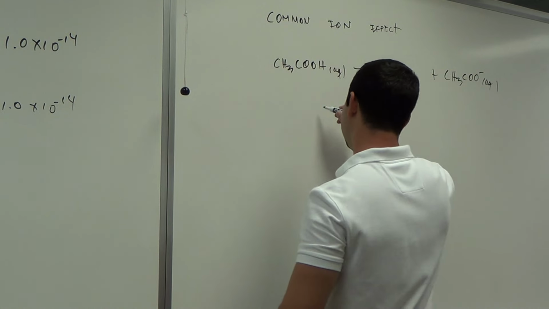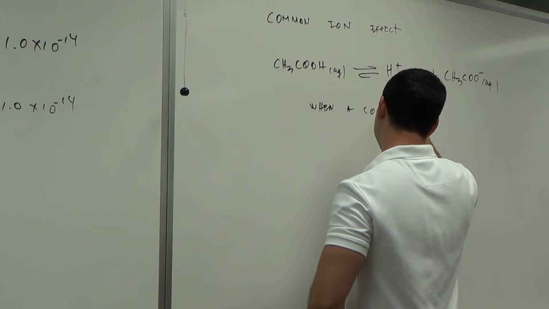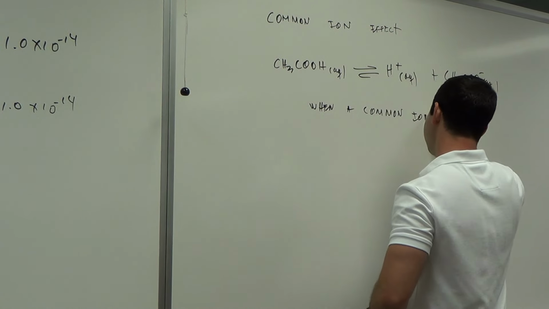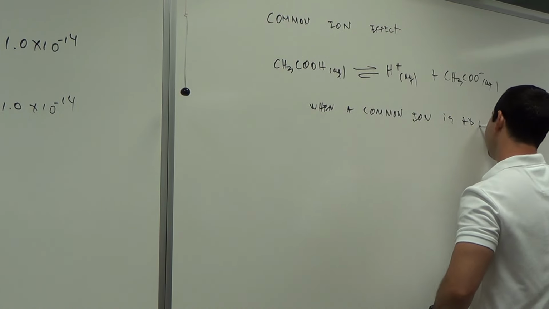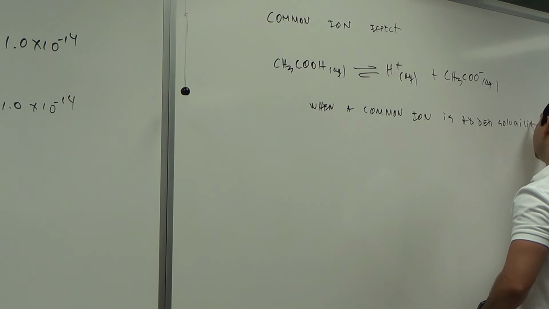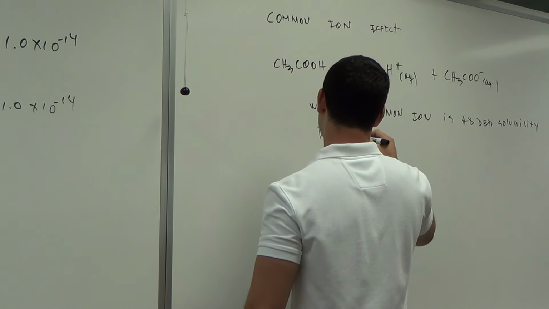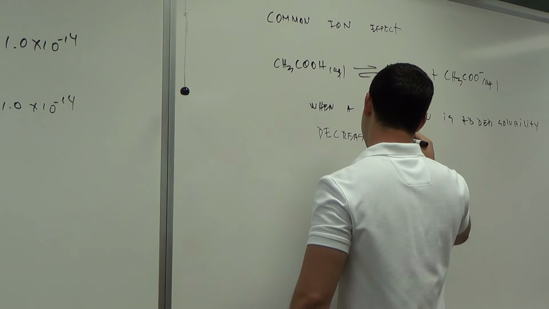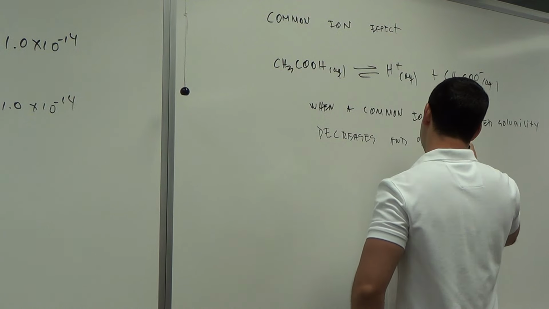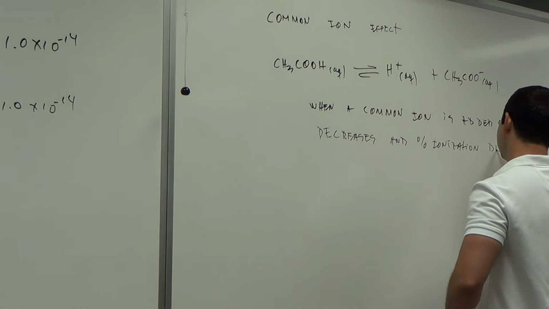So, the common ion effect says when a common ion is added, solubility decreases and percent ionization decreases.